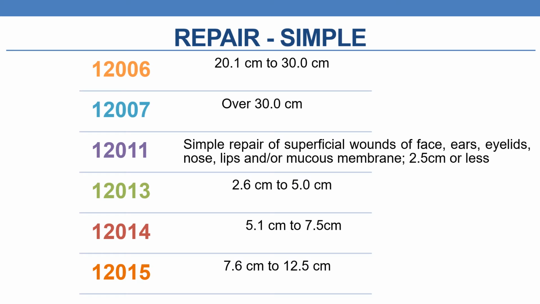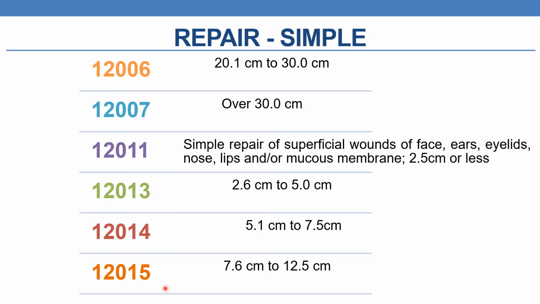The next is 12011. Simple repair of superficial wounds of face, ears, eyelids, nose, lips, or mucous membrane, 2.5 centimeters or less. The next is 12013. Here the repair of superficial wounds is in the range of 2.6 centimeters to 5.0 centimeters. The next is 12014. Here the repair length is 5.1 centimeters to 7.5 centimeters. The next is 12015.